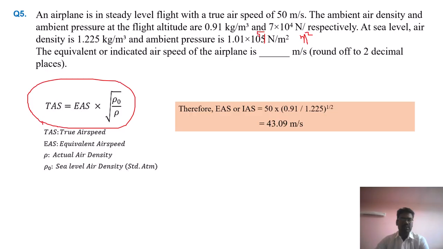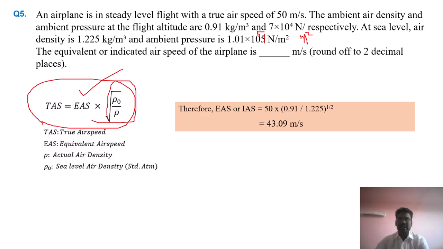Here rho is the actual density, and rho naught is the sea level air density, the standard atmosphere value, 1.225 kg per meter cube. From this formula we can find the equivalent airspeed. The equivalent airspeed is equal to TAS into the inverse of this, that is rho divided by rho naught.